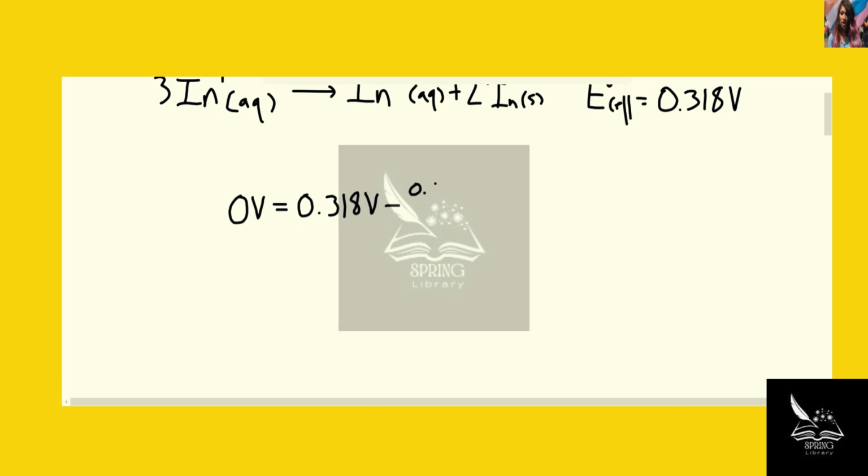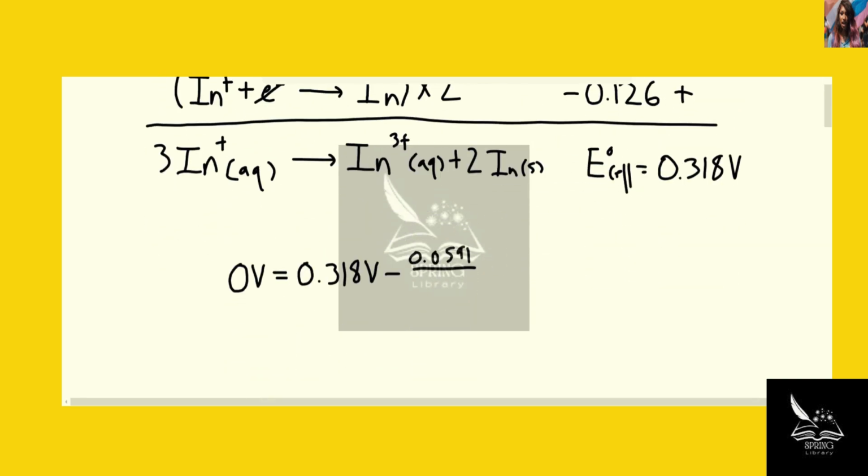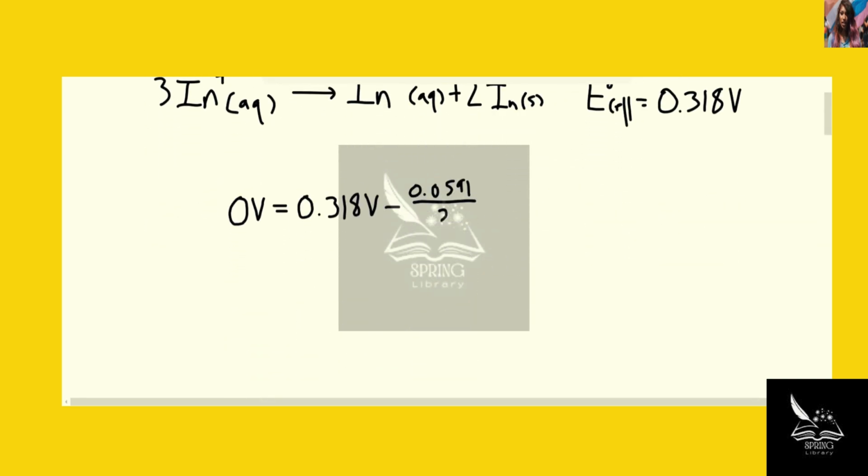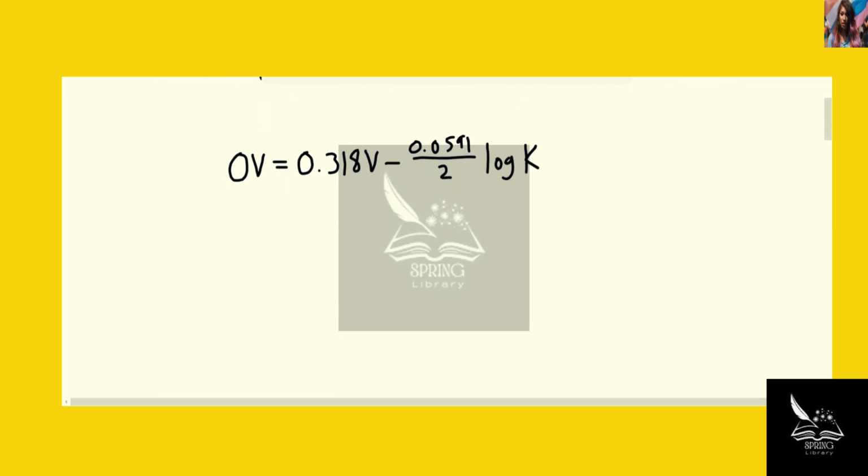Then we do minus 0.0591 over n, and we see that we canceled out 2 moles of electrons, times the log of K. And now we rearrange this to solve for K, and we should get a final answer of about 5.77 times 10 to the power of 10.